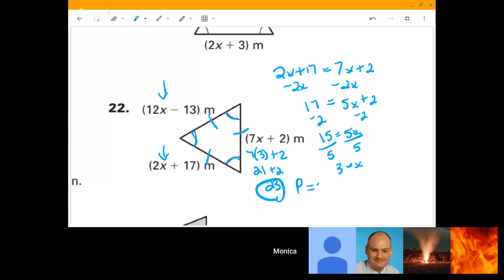So your perimeter equals 23 plus 23 plus 23. Does that make better sense? Okay, good.